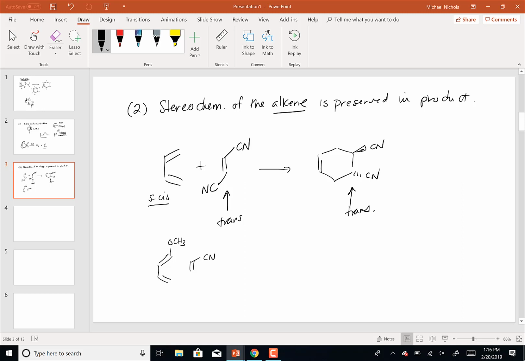It's based on what's called molecular orbital theory or frontier molecular orbital theory, which your book goes into, and I'm not going to. So we're not going to be concerned about these kinds of reactions, but it's totally based on that.